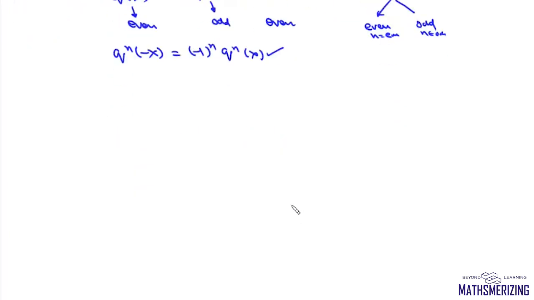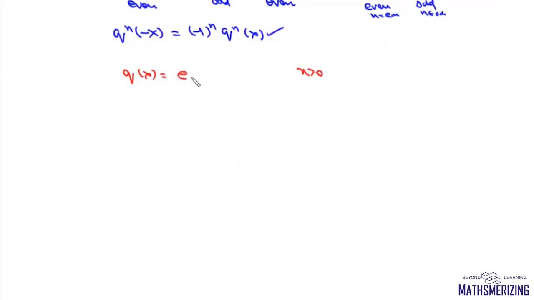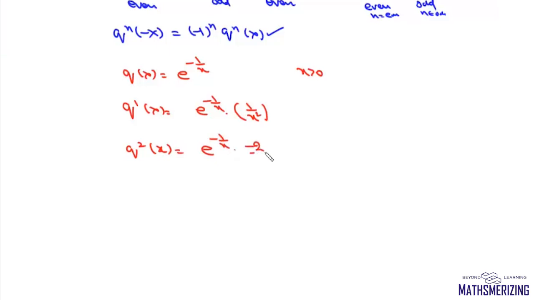Now if we look at this function q(x), when x is greater than 0, it is e to the power minus 1 by x. Now q1(x) will be e to the power minus 1 by x into 1 upon x square.